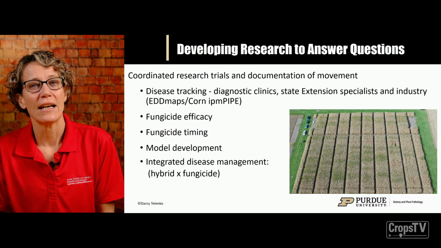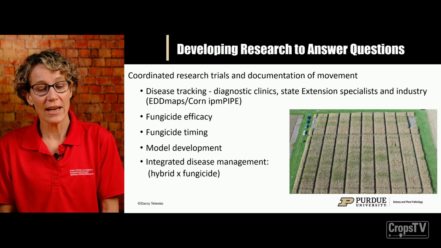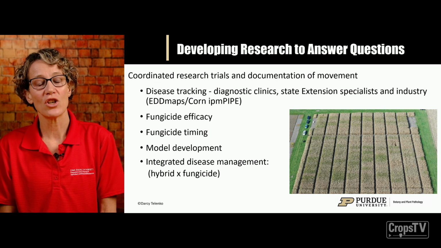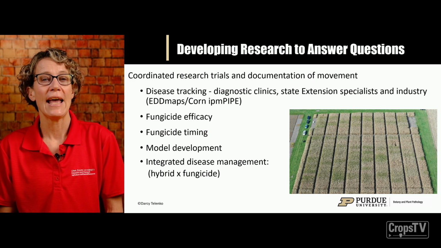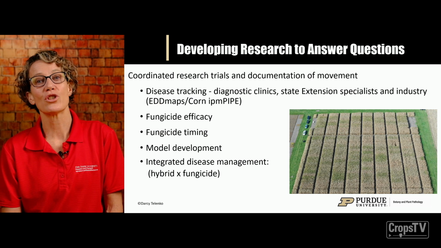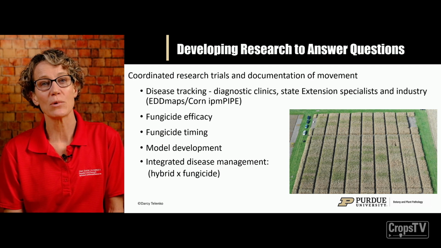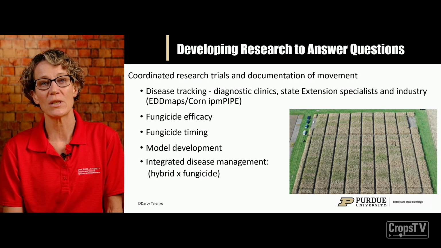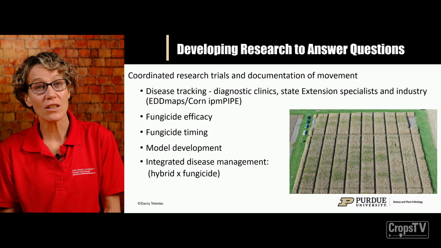And then we have disease tracking, where we're tracking where the tar spot is through our diagnostic clinics, through our extension specialists, through industry, and then those reports of the disease are uploaded onto ED Maps or the Corn IPM Pipe website. Then we have trials looking at fungicide efficacy.